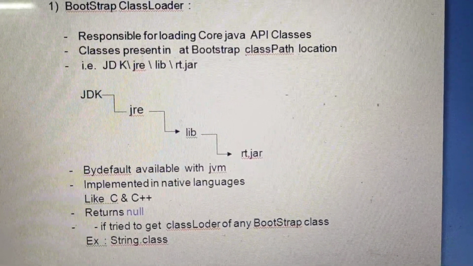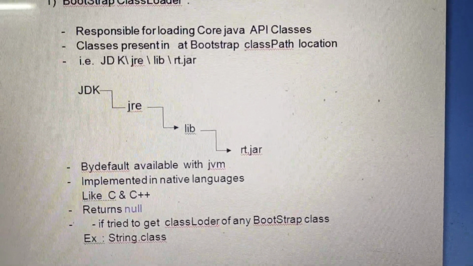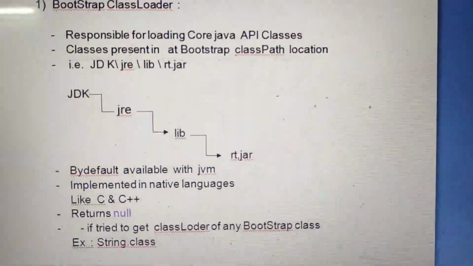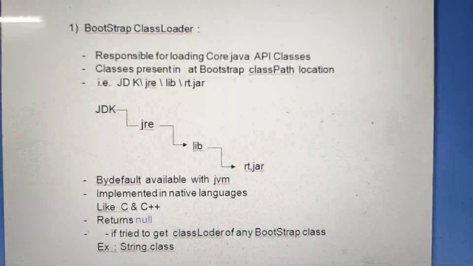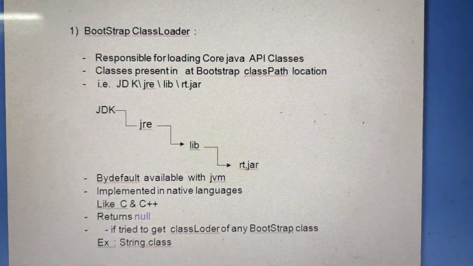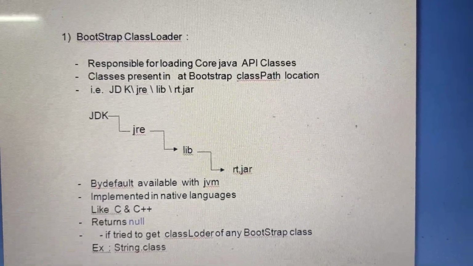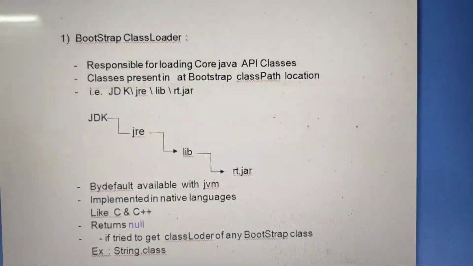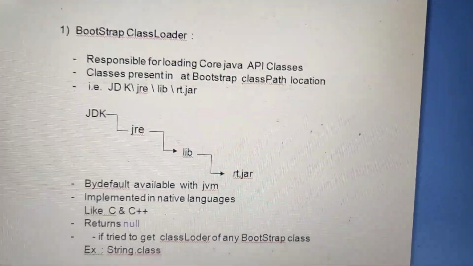So if you try to get the class loader of the String.class file, it will return null. The reason is that String.class is present in the Bootstrap classpath location, and the Bootstrap class loader is implemented in C and C++, which is not Java. So it's all about the Bootstrap class loader.